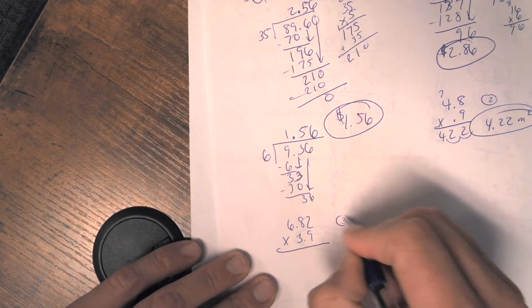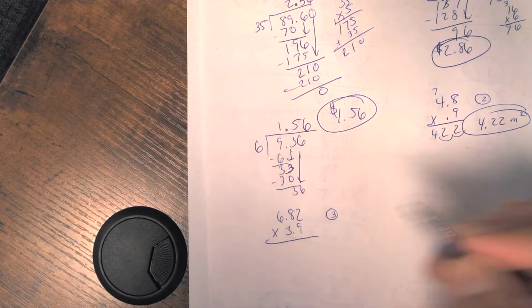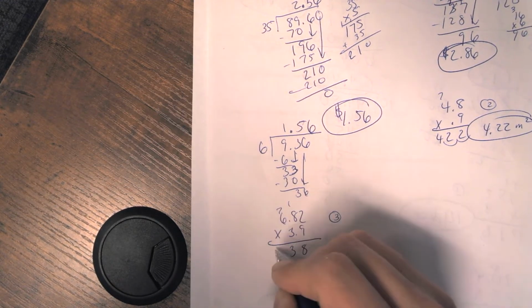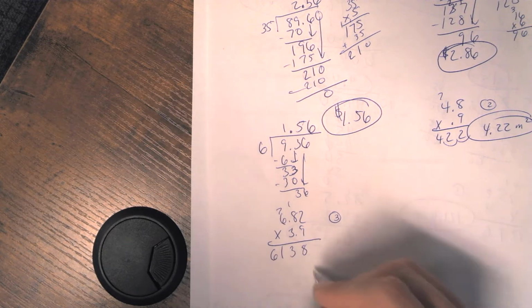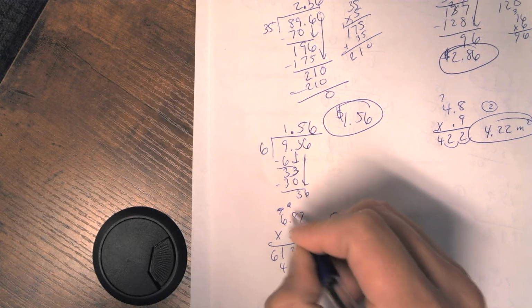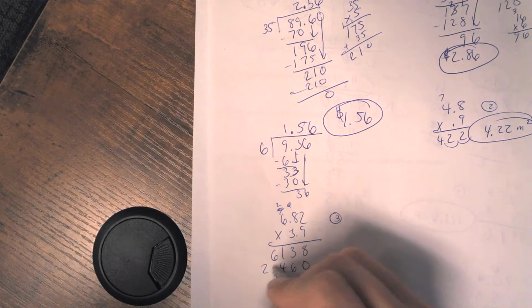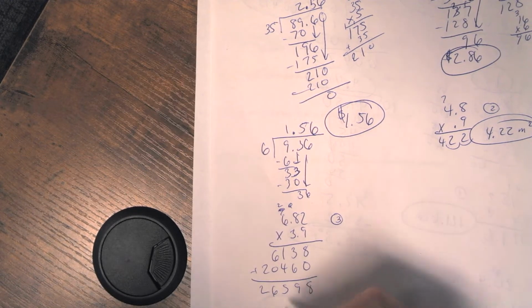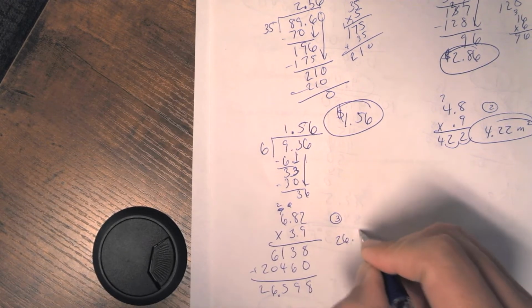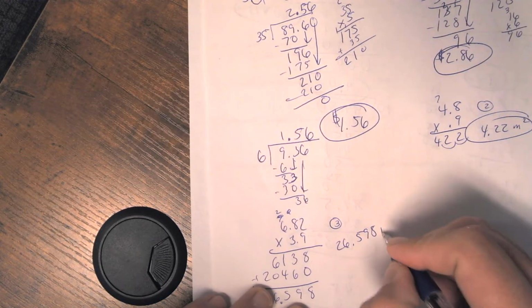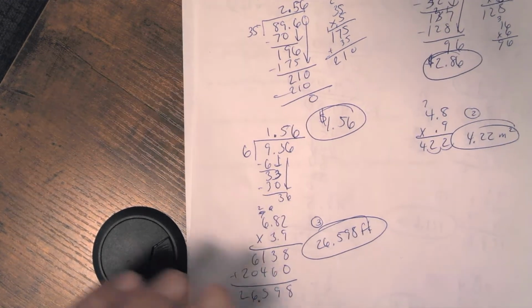So we're moving it 3 times at the end. 1, 2, 3. 18, 73, 61, drop a 0. 6, 24, and 20. 8, 9, 5, 6, 2. Move it 3 times, so it is 26 and 598 thousandths. So that is feet. Don't forget to label.